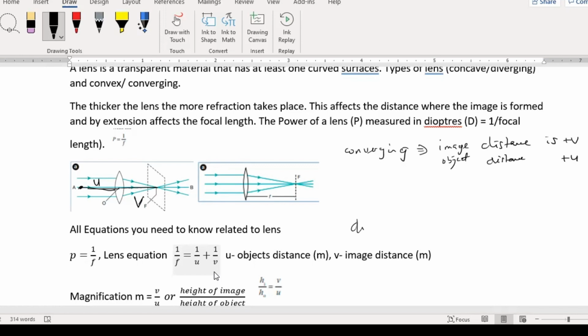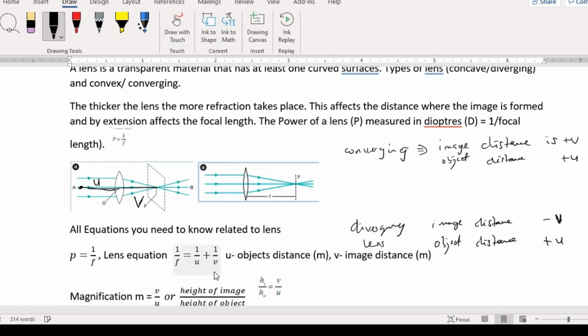When you're dealing with a diverging lens, on the other hand, we find that the image distance is going to be negative. The object distance will be positive.